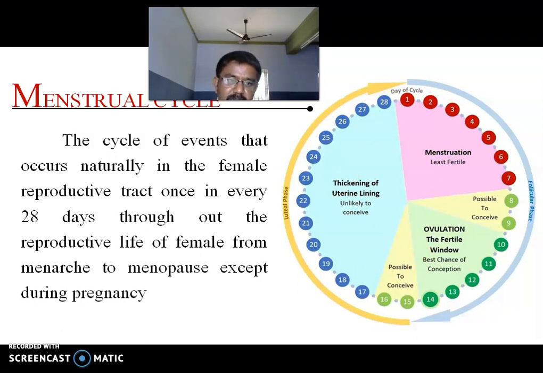The menstrual cycle is divided into 3 phases: first bleeding phase, second follicular phase, third luteal phase. The major chance of fertilization or conception, besides the bleeding phase, is particularly on days 8, 9 and 15, 16, right?